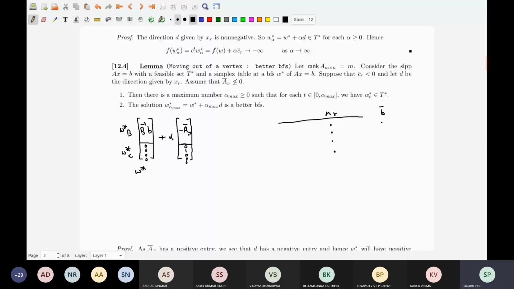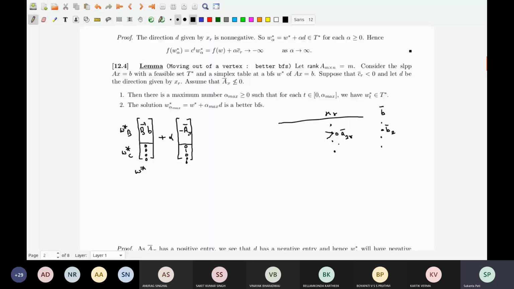This is b bar 2, and this one I write as A bar 2 comma r, the second row, rth entry. How much can I go?